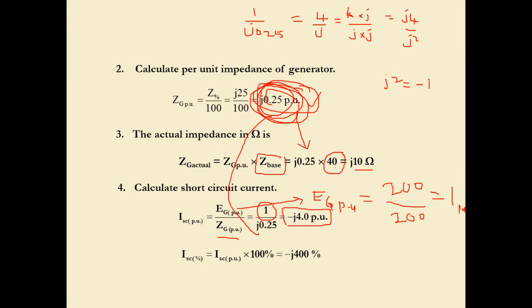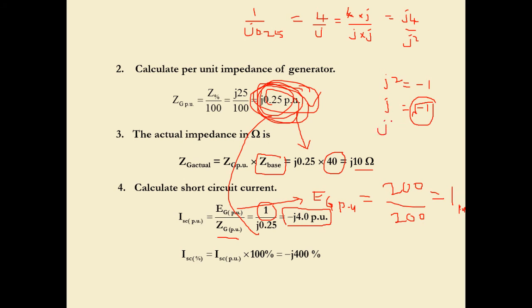So this is why the J symbol comes from the imaginary part, because we cannot actually square root negative 1. There is no possibility to get the answer of this operation, square root of negative 1. So this is where the symbol of J comes from.